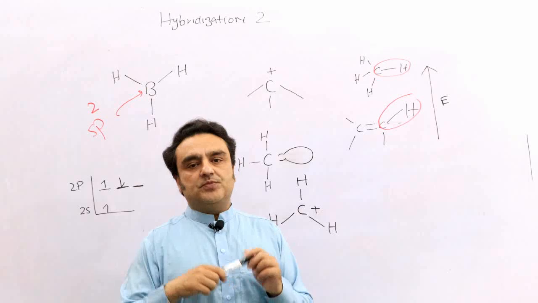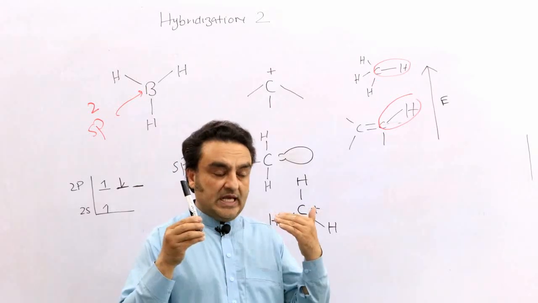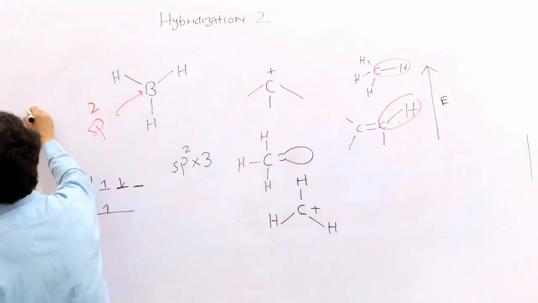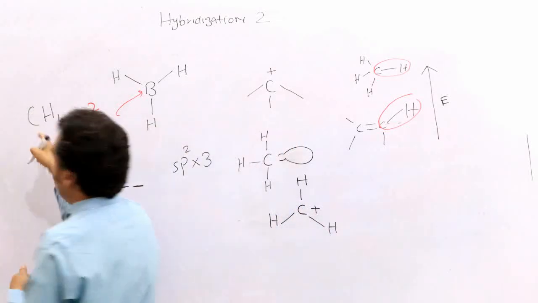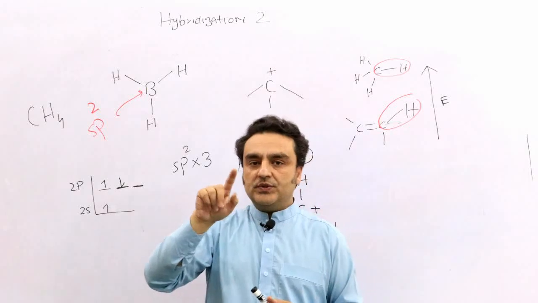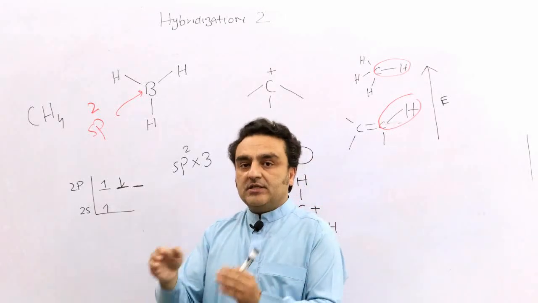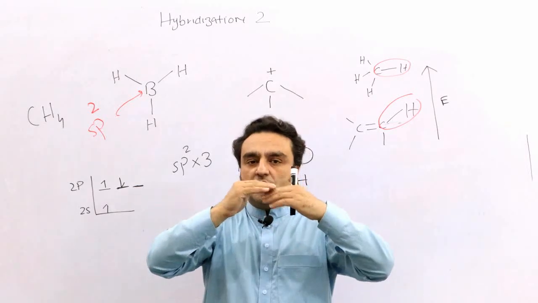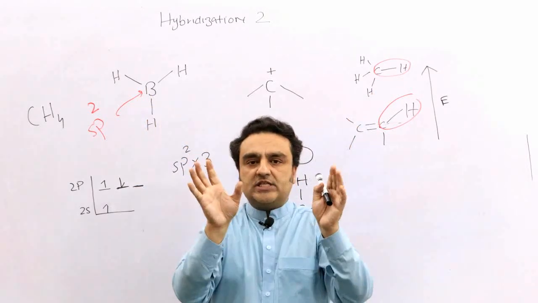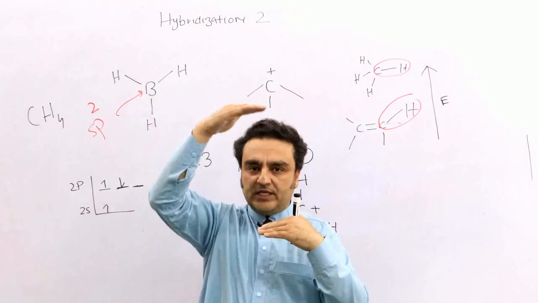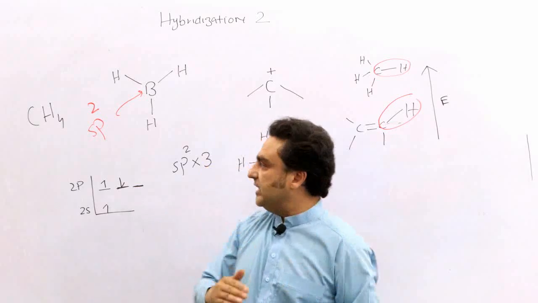Let me tell you one thing. In sp3 hybridized methane, CH4, the bond angle was 109. But in sp2 hybridized, the s character is increased, or you can say there are now 2 p orbitals added together with one s, so the p character is decreased and the s character is increased.